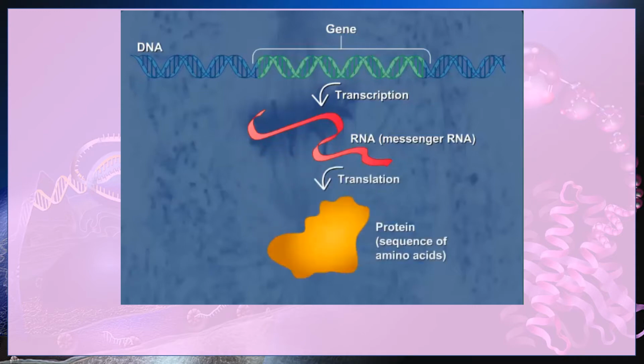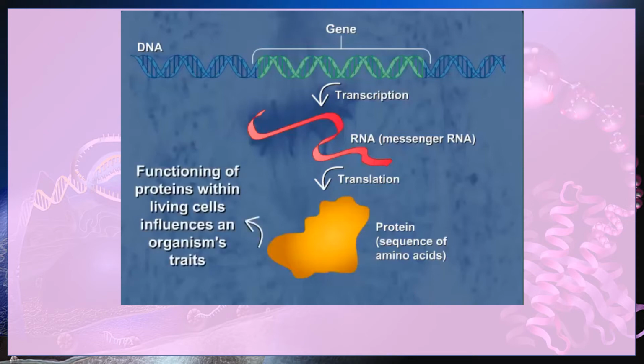This sequence of amino acids determines the shape and chemical characteristics of the protein. Thus, each structural gene specifies a specific protein in the cell that carries out a specific function based on its chemical characteristics and molecular shape. This function of the specific protein gives the cell and the organism the specific trait coded by the gene.